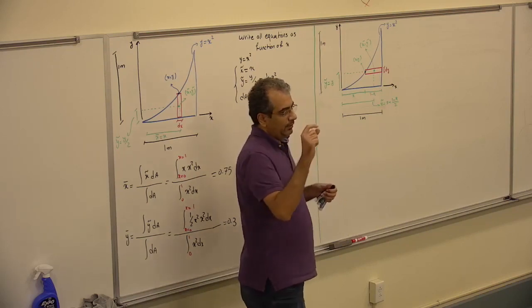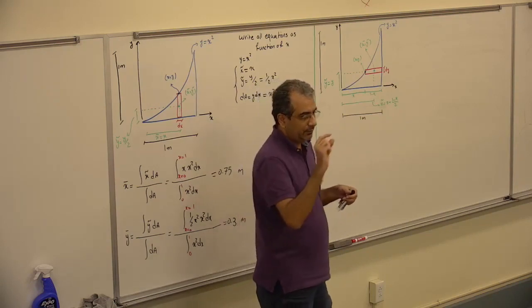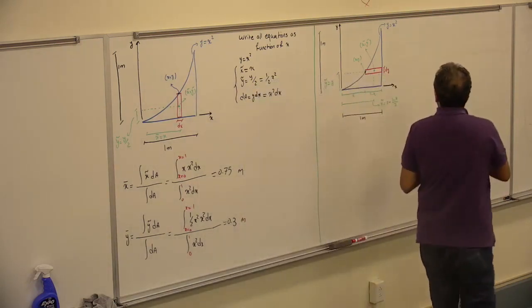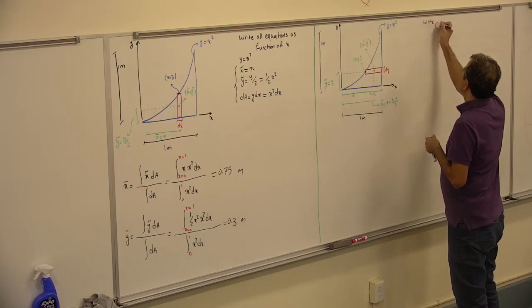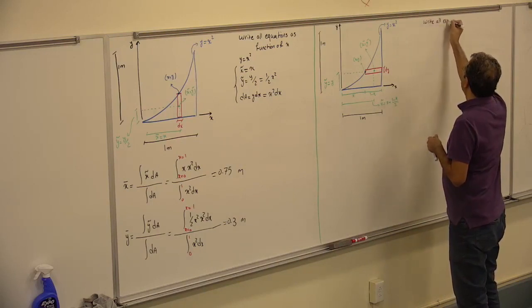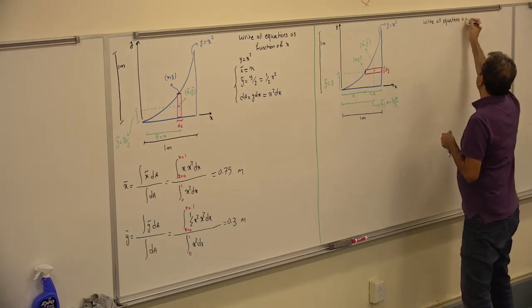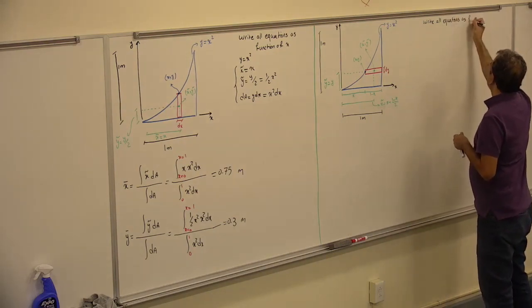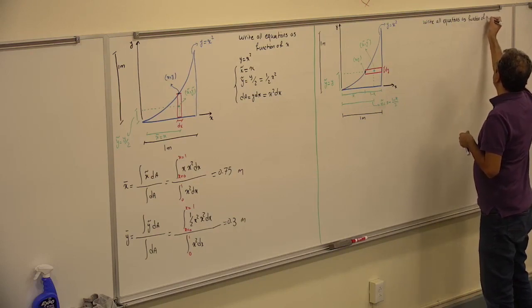So now I have the dy, so I have to write all the equations as a function of y. So we'll go ahead and I will write all the equations as a function of y.